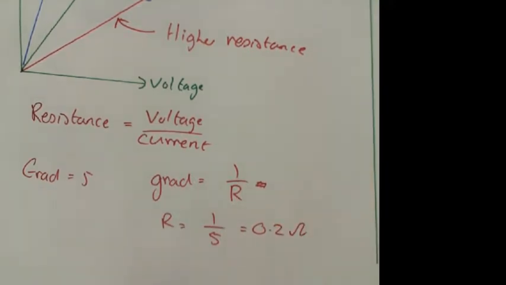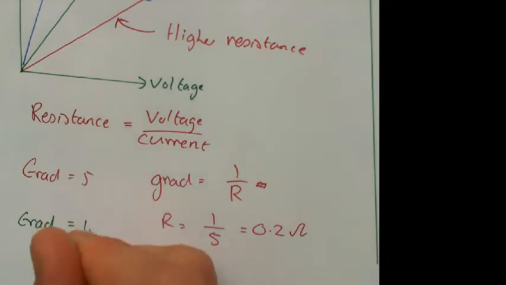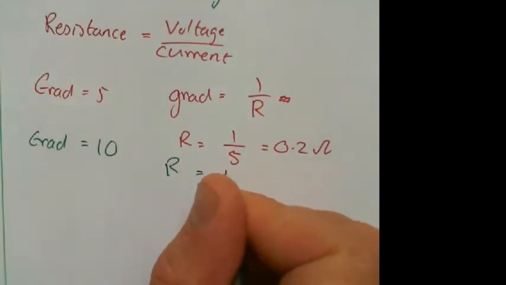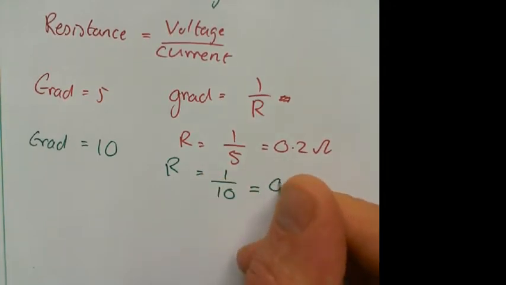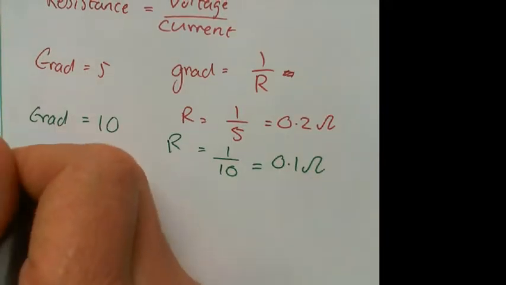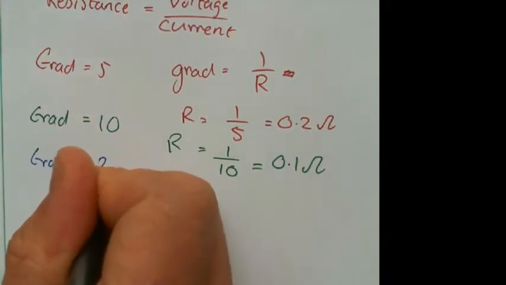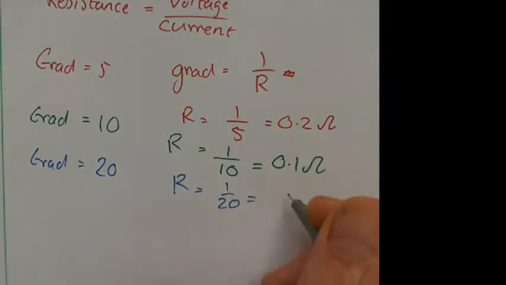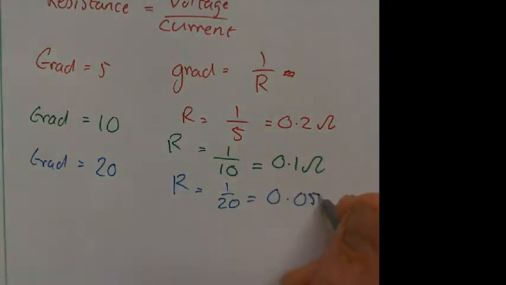Let's say that the green one has a grad of 10, so R equals 1 over 10, which equals 0.1 ohms. And let's say that the blue one has a grad of 20, which means that R equals 1 over 20, which equals 0.05 ohms.